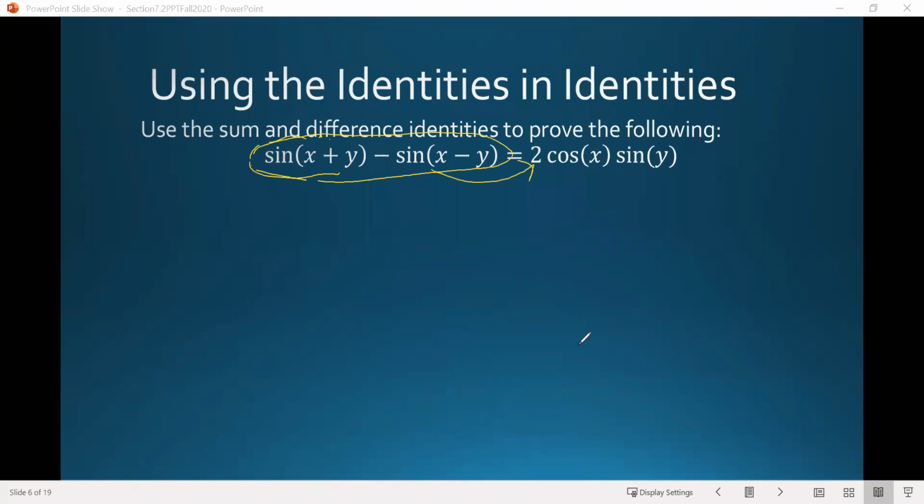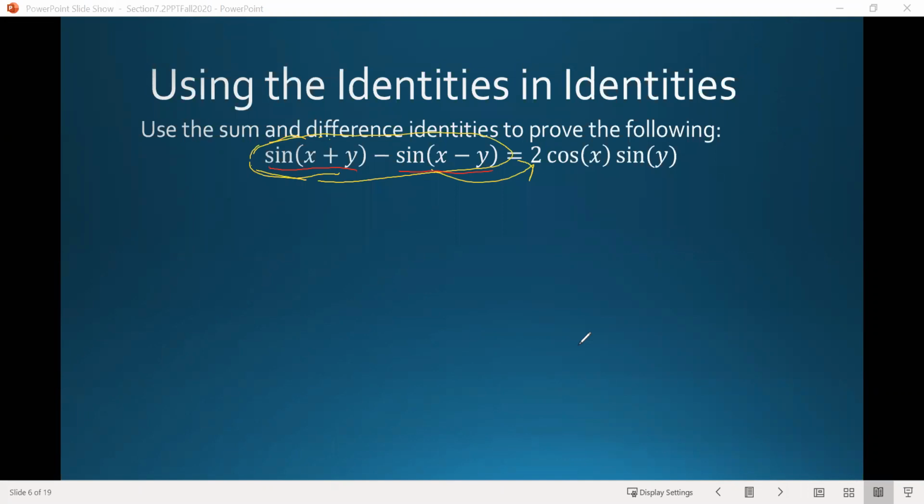Okay, the next thing that you may notice is that each of these things on the left-hand side, so the sine of x plus y and sine of x minus y, they look kind of like things from the previous slides, so we can probably use some of those identities. So for example, on the first one there, we have sine of x plus y. Well, that looks like the sine of alpha plus beta.